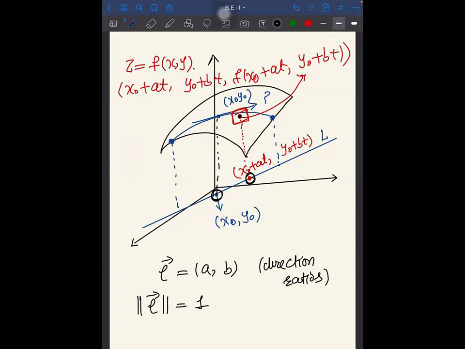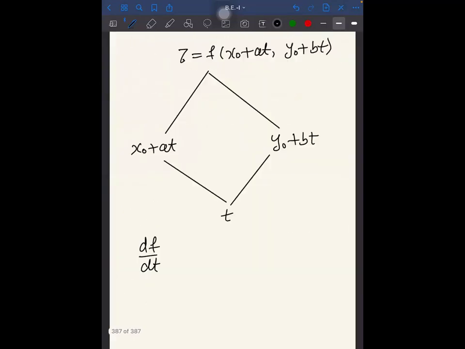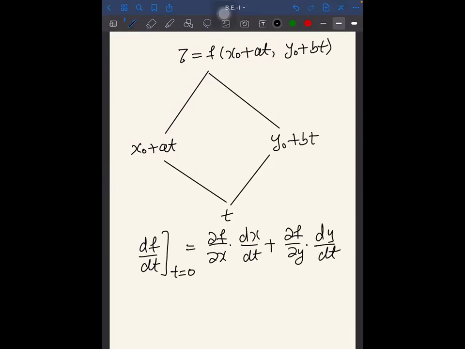So the slope which you want to determine will be obtained if you calculate df by dt at t is equal to 0. And by chain rule, it is curly f upon curly x into dx by dt, plus curly f upon curly y into dy by dt.